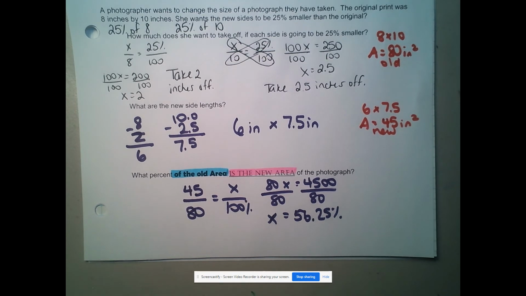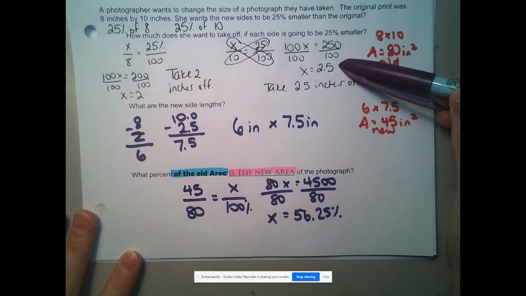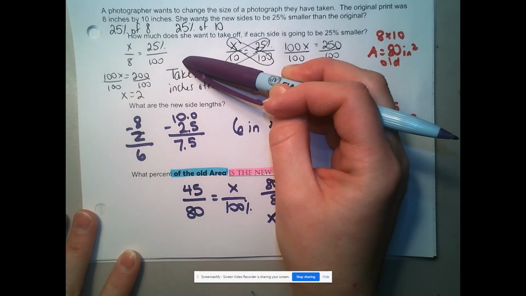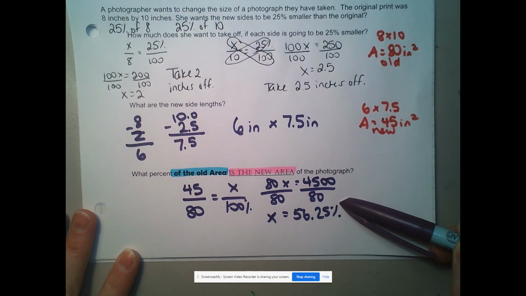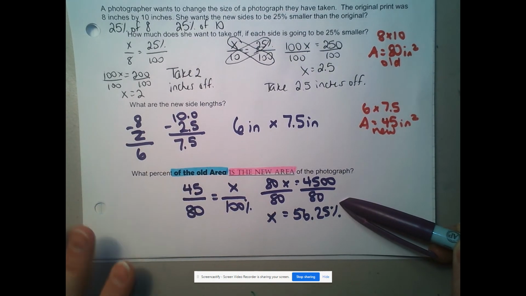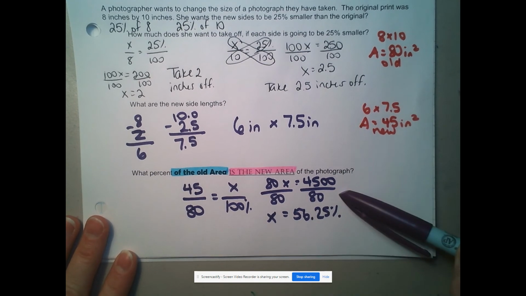So if you want to know why, and I think this is really interesting, we reduced the length of something by 25%. This one is talking about area. Length is one-dimensional and area is two-dimensional. So this one actually got 25% smaller and then 25% smaller again on the 2 dimensions.